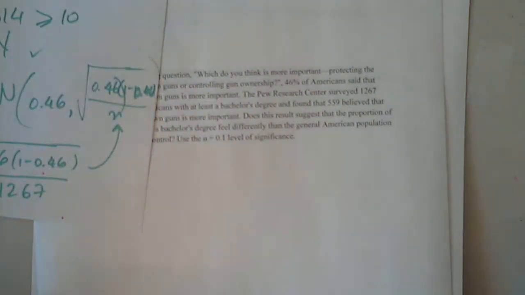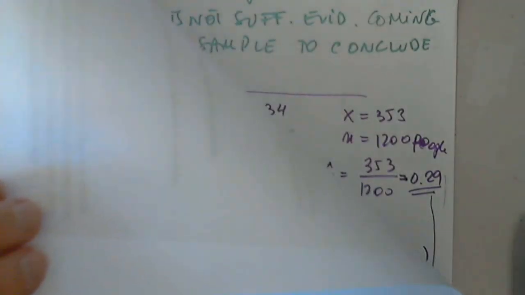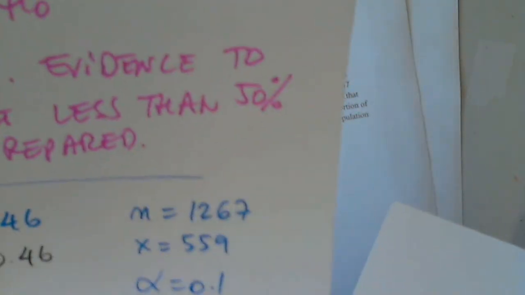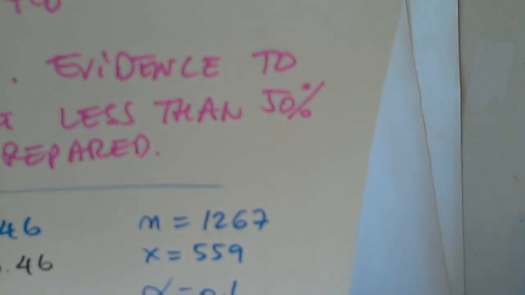Where is my page 7? What was the alpha? Did I put the alpha? I have to do it again, one second. Because I don't know if I put the correct alpha in there that we were given.